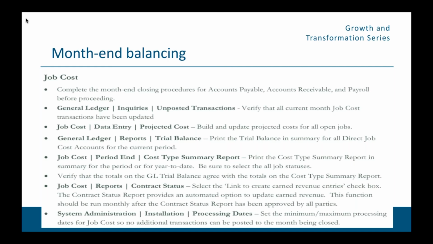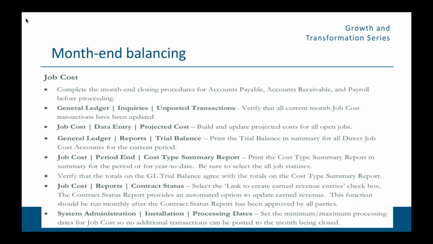And that appears on reports when you choose to use projected cost instead of the revised estimate. So then we're back to the trial balance, which you should already have from general ledger, and it would be showing the direct job cost.